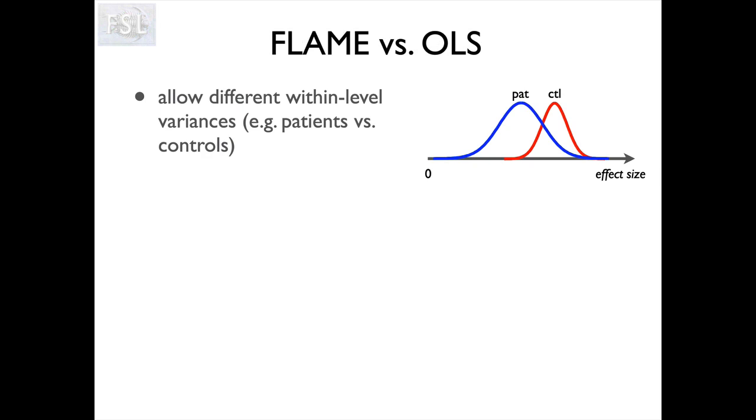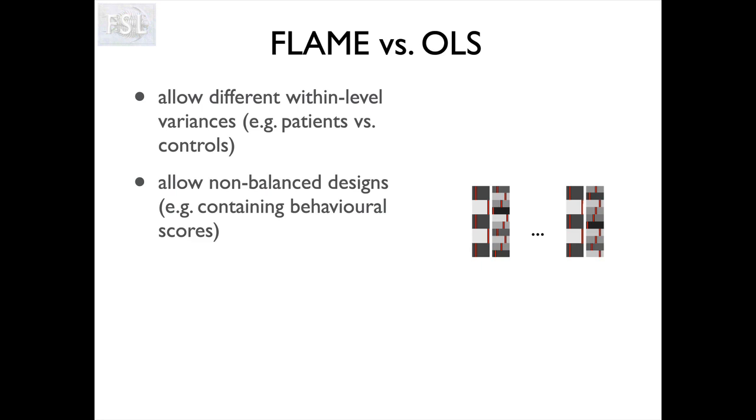So if we have a patient group and a control group, and we think the patient group might be more variable in terms of how they're responding to a particular task, if it's task FMRI, or this is also true in other situations, then having a different variance for that group can be helpful if there's a wide range, say, of disability or cognitive ability within that group. That can capture that data better. So that's one of the things that FLAME can do that OLS can't. OLS has to have the same variance for both groups.